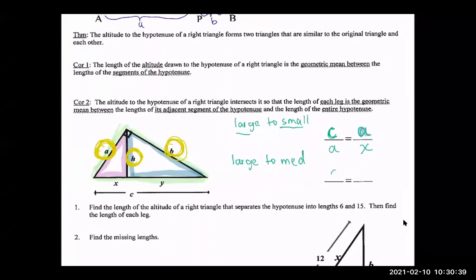Okay, it's C. Okay, what's the hypotenuse of the medium triangle, which is the blue triangle? B, good. Okay, B is shared, right? B also happens to be the long leg of the large triangle. So look at the large triangle. This is the long leg of it. Okay, so I'm going to put B here. What's the long leg of your medium triangle?